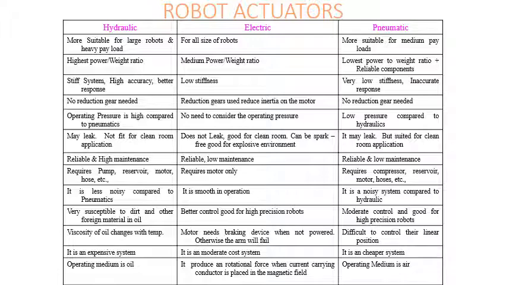When it comes to pricing, hydraulic is the most expensive system, electric actuators will have a moderate cost system, and pneumatic is very much cheaper when compared to the other two. In case of working medium, the hydraulic will have oil, and pneumatic will have air. In case of electric, it produces a rotational force when a current carrying conductor is placed in the magnetic field.